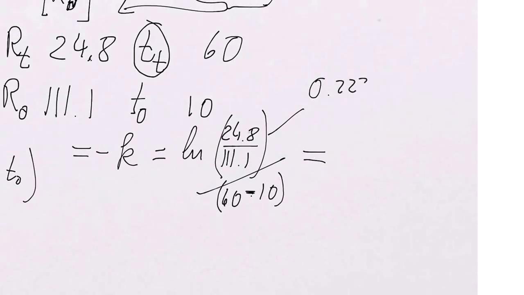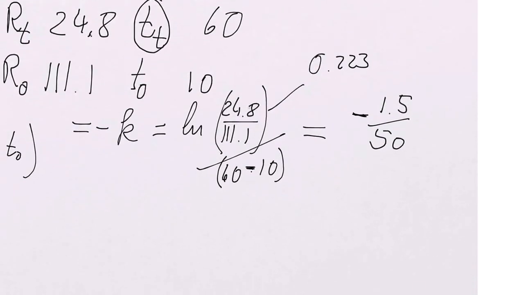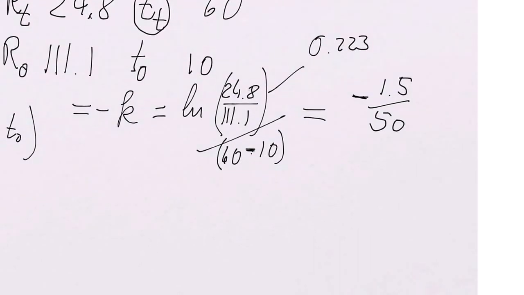Is that right? And ln of that is minus 1.5. Yeah? Minus 1.5 divided by 50. So I can cancel out the minus. And that's good because we know that the rate constant is always positive. We cannot have a negative rate constant.